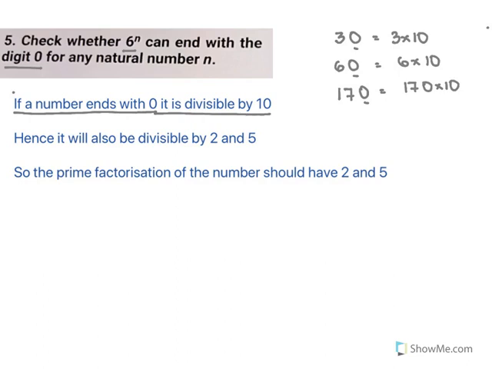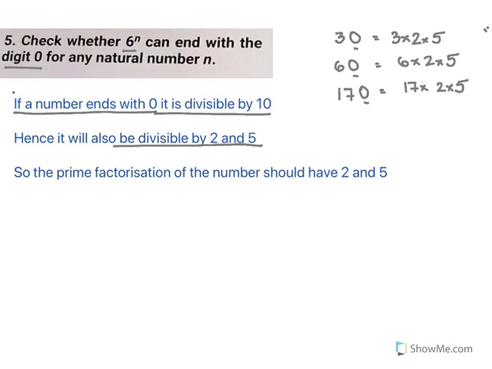Now, if it is divisible by 10, it will also be divisible by 2 and 5, because this 10 I can erase and put it as 2 and 5. In the next case also, if it is divisible by 10, it will also be divisible by 2 and 5.